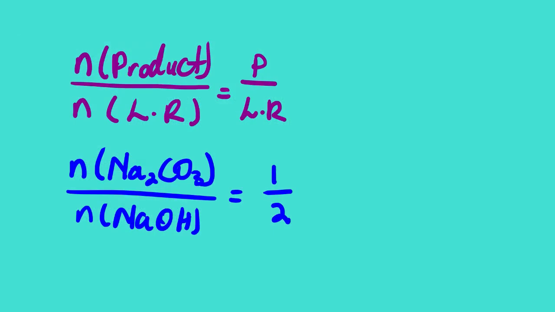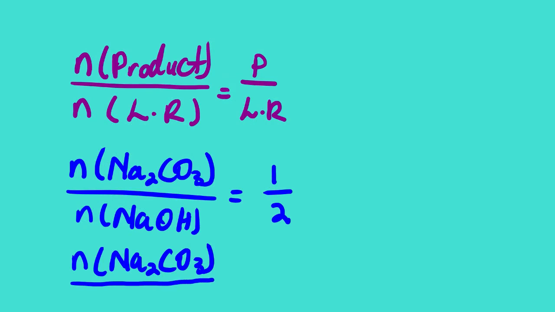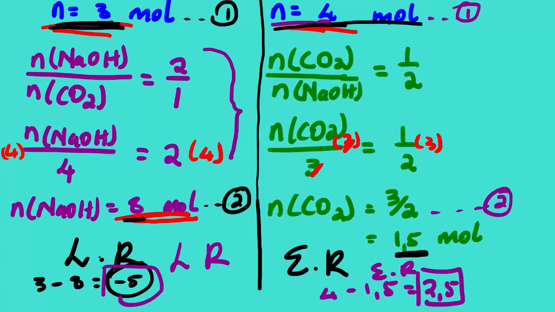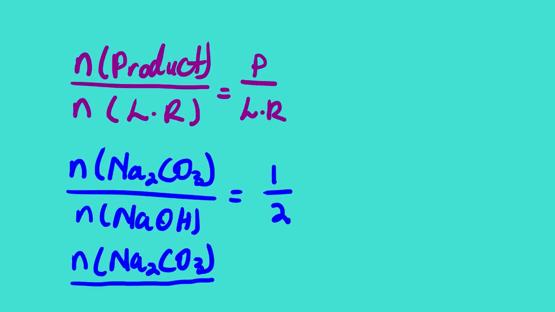Now in this case, we substitute the number of moles, the first one, the one that we have, not the one that we're checking. Don't make that mistake. So we have 3 here, equals 1/2.